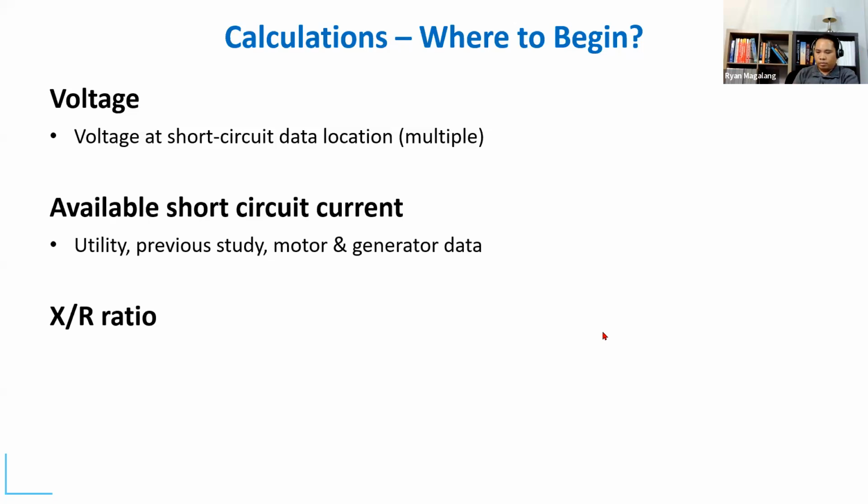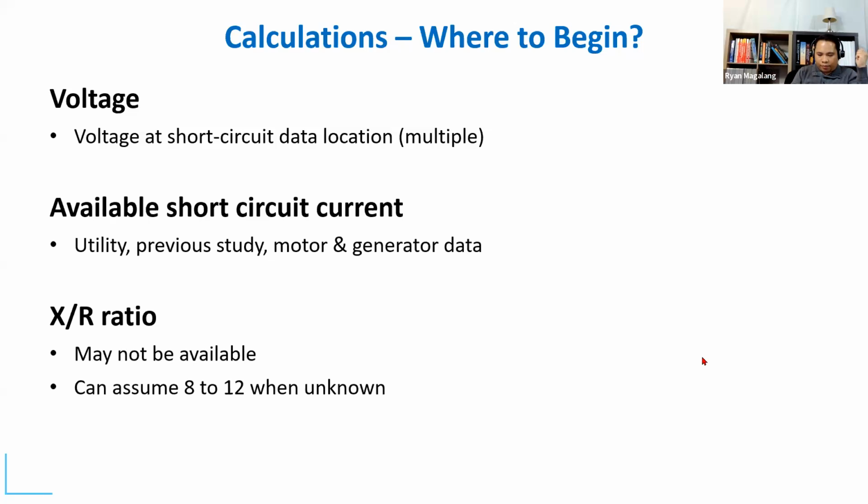So X/R ratio. This may not always be available, but it's one of the things that is necessary when conducting short circuit analysis, and we'll see why later it's important. So if not available, you can assume 8 to 12, but don't quote me on this. He said assume 8 to 12.